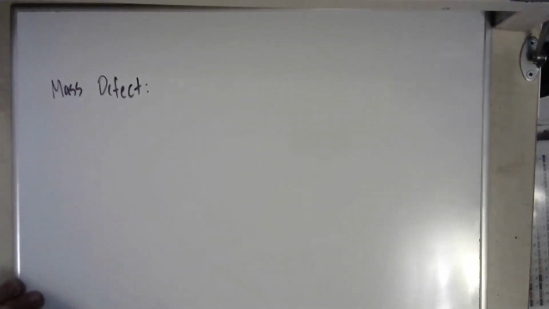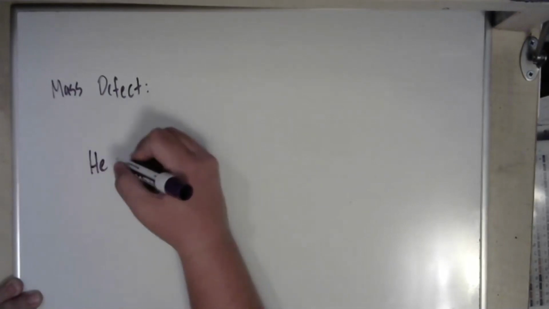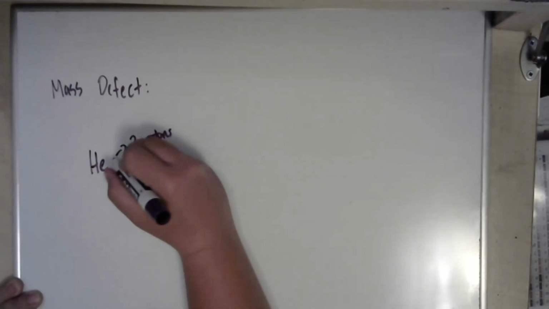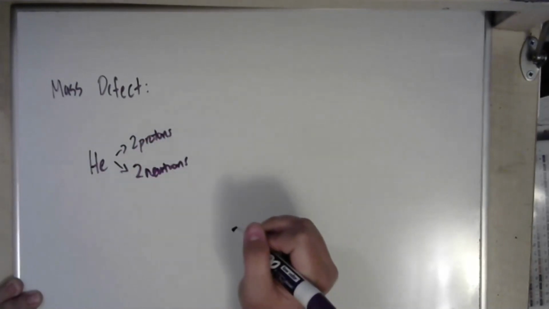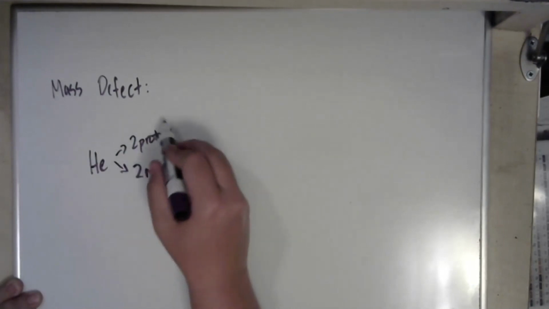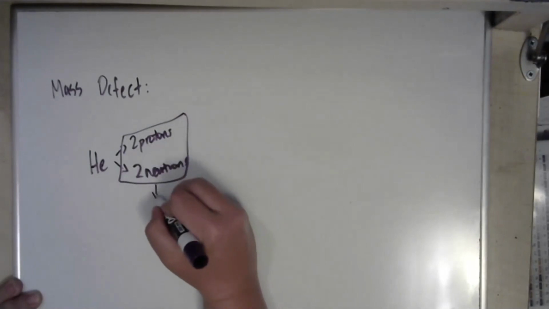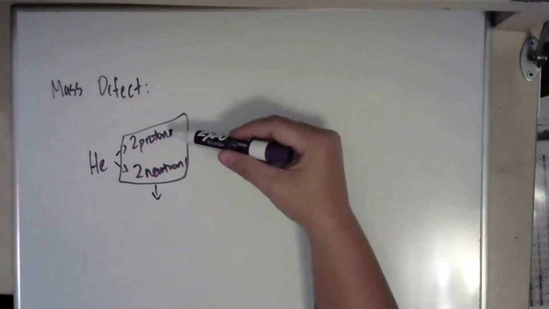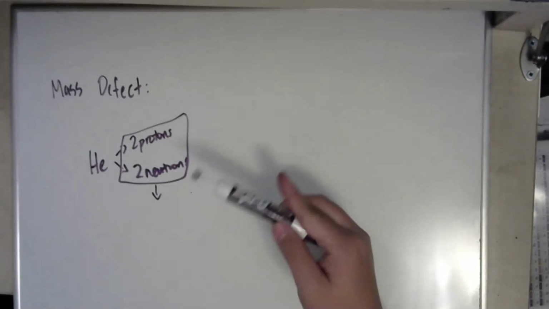So in a helium atom, in the nucleus, there's going to be 2 protons and 2 neutrons. The mass of the nucleus when these things are all together is different than if you just added the mass of 2 protons plus 2 neutrons. So the difference between those two mass values is the mass defect.